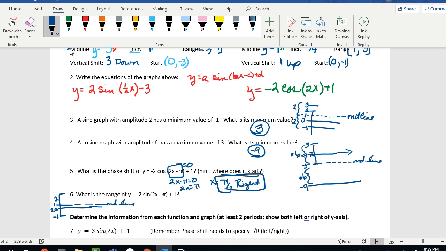If you go down 2, you're at -1. You go up 2, you're at 3. So 3 and -1, those are your key important numbers there. So that's what your range is going to be. The lowest your range can be is -1. The highest is going to be 3. Always, always, always do minimum and then maximum. How low to how high you can go.